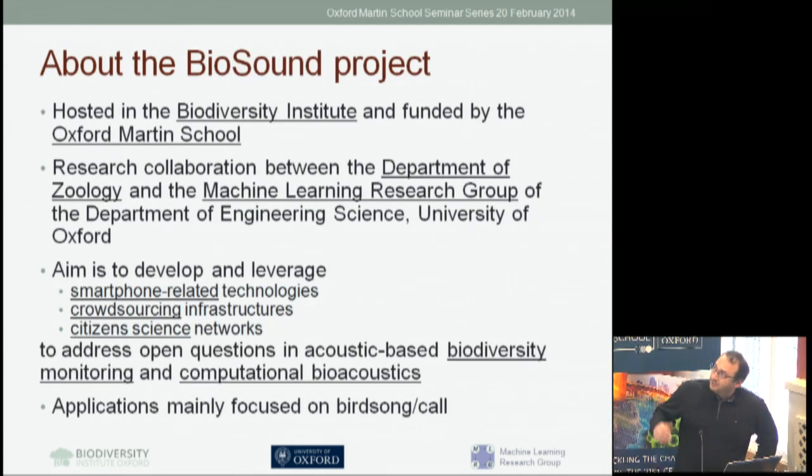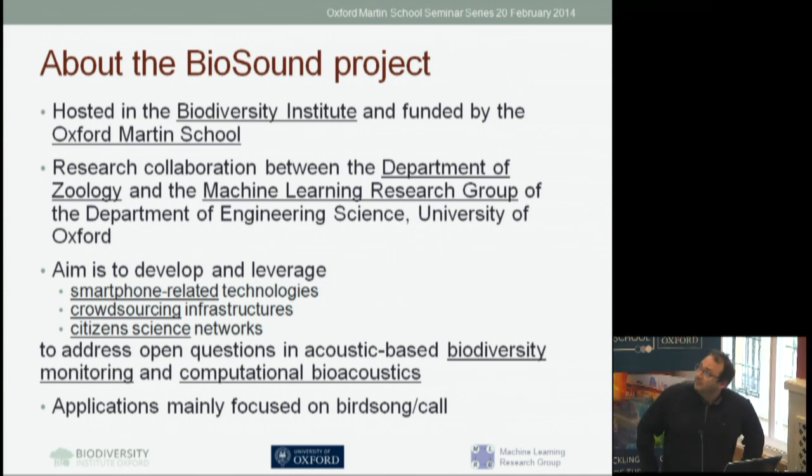So this is a project that's hosted by the Biodiversity Institute, and it's funded by the Oxford Martin School, something that we're very grateful for. It's a collaboration between the Department of Zoology and the Machine Learning Research Group.